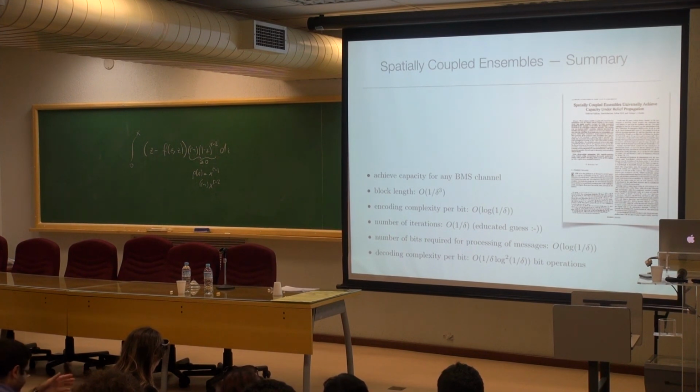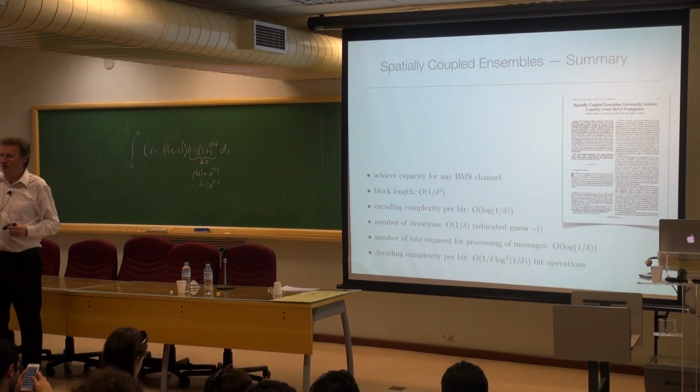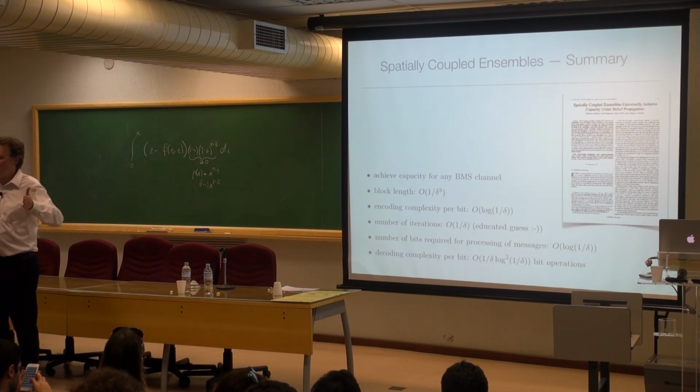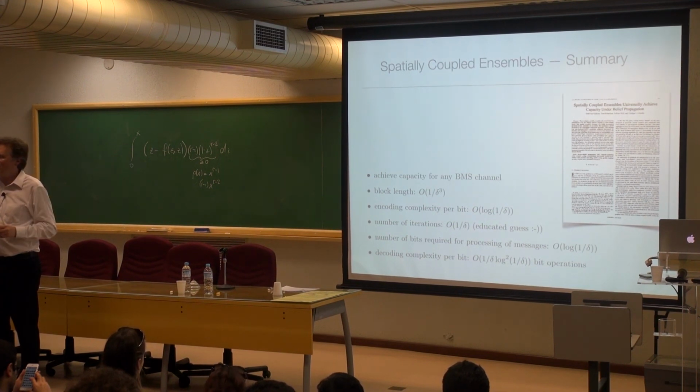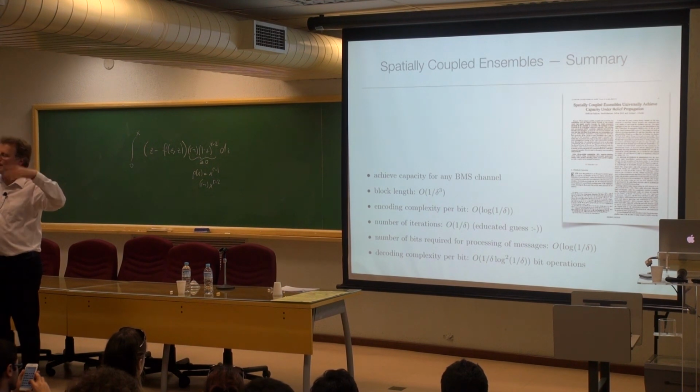There might be some extra log factors that come in there, so you would have to check exactly how this works out. Because for any fixed finite degree, you never have exactly capacity. If you look at a sequence of codes, you have to also let the degrees grow, because any code that has finite fixed degree has a Gallager bound that bounds it away from capacity. It's very small, like double exponentially small, but there's some gap.